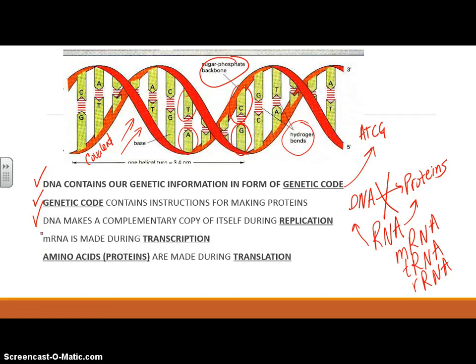Okay? We learned that mRNA, or we started to learn yesterday a little bit about mRNA and how it's made during a process called transcription. During transcription, we're going to take DNA and we're going to make it into mRNA. So we're going to use DNA as a template to make a strand of mRNA. And remember, we need that RNA because RNA is going to be our translator between DNA and proteins.